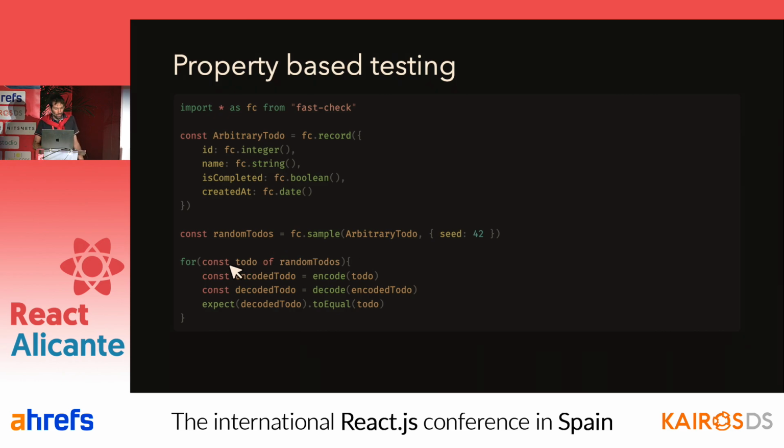We expect that given any random to-do, we can encode that random to-do, and then from the encoded value we decode it back, and in the end we expect that the decoded value is exactly the same that we had initially. We are basically doing a round trip with the same value without changing it, and we expect that doing the deserialization round trip, we get back the same value.